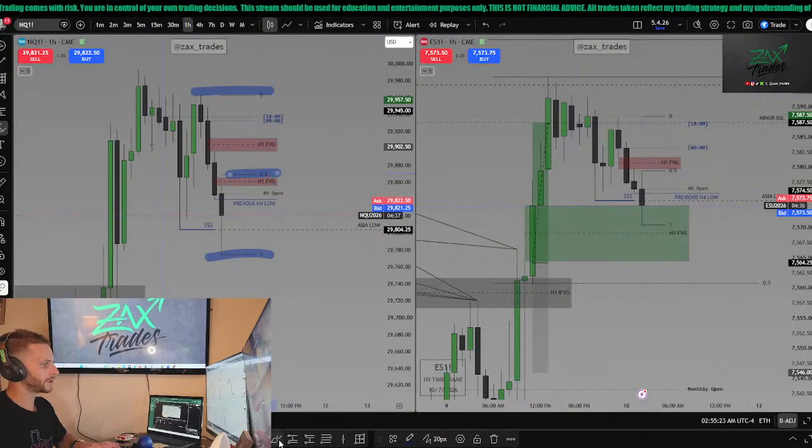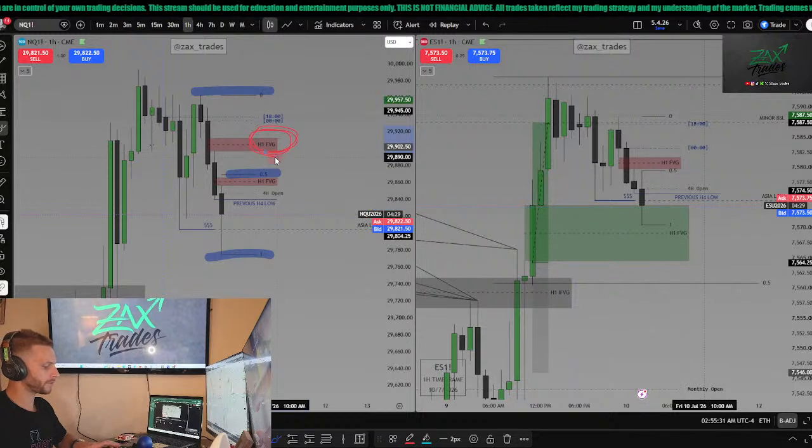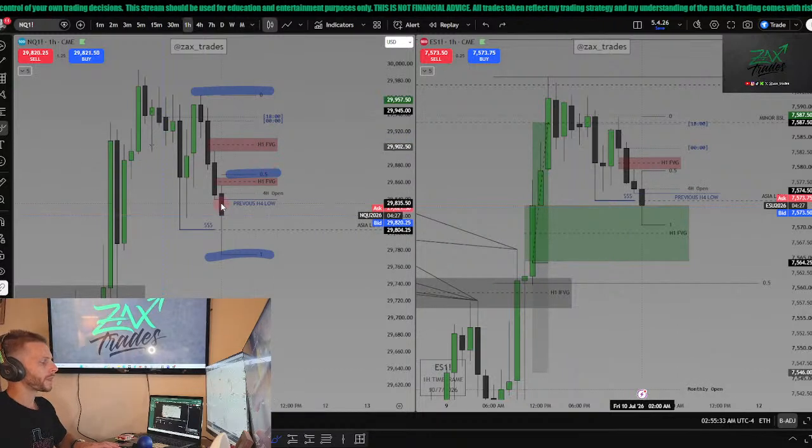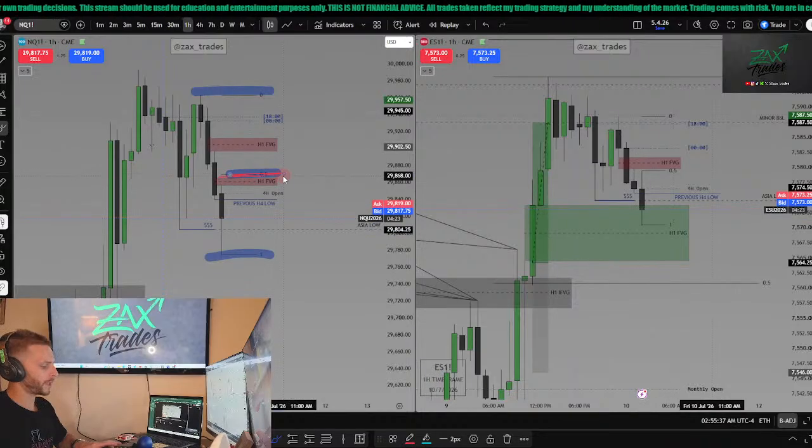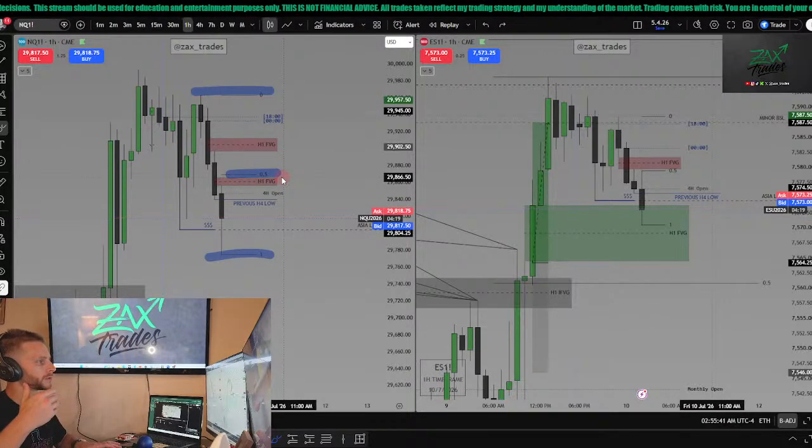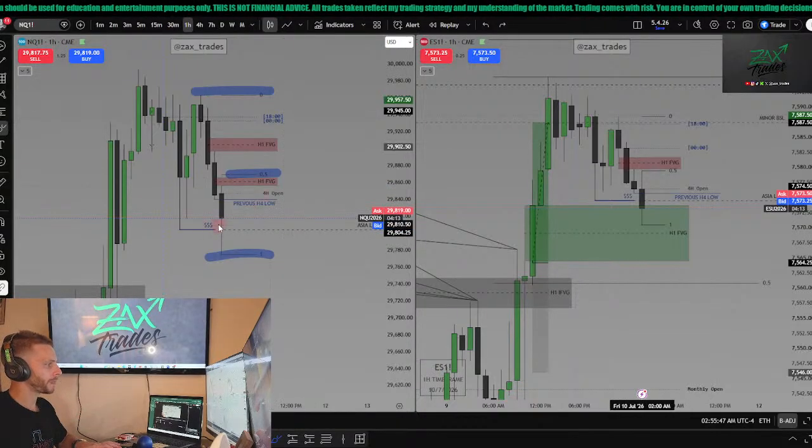What do I actually want to see at that 50%? Well, yes, I'm also using this and I want obviously IFEGs for my entry model. But a lot of the times you can use the equilibrium as part of building clues to your bias. Not really your bias, but your trade idea.